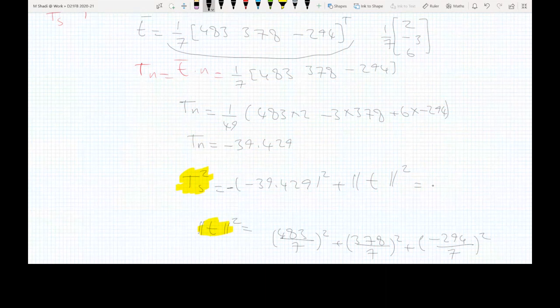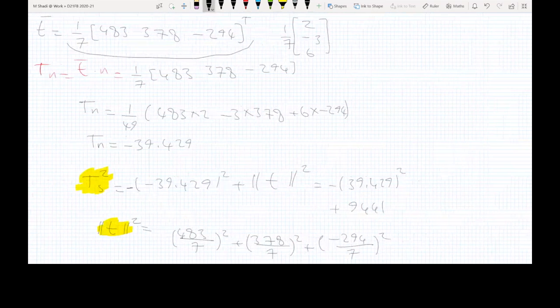So it is minus 39.429 squared added to 9441. Calculate the square of 39.429 and subtract it from 9441.